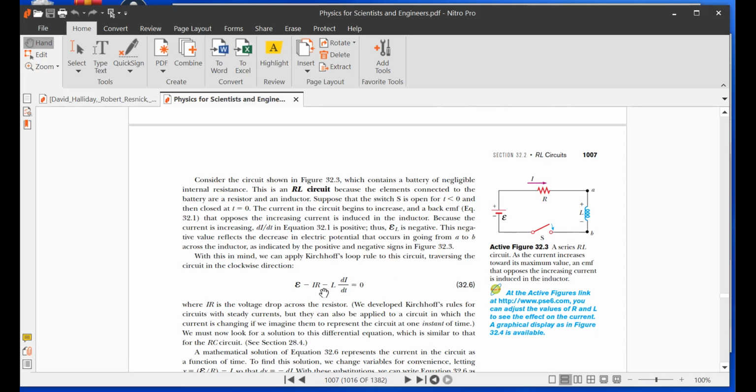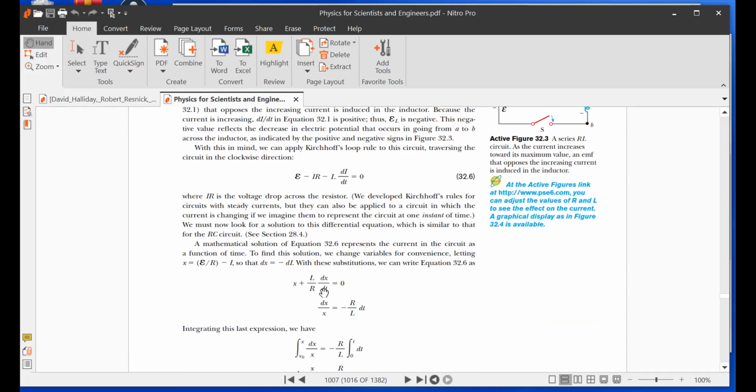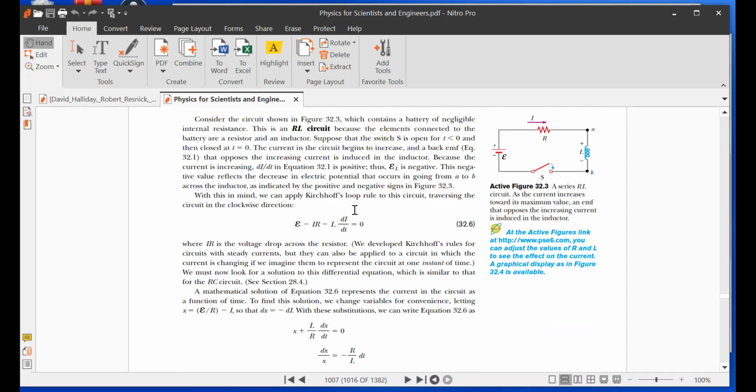Then using the second Kirchhoff law, we get this equation. Epsilon is a constant. Why do we have this? Because in a short interval of time, this I in general depends on t.